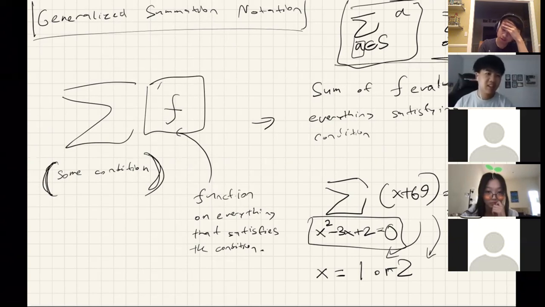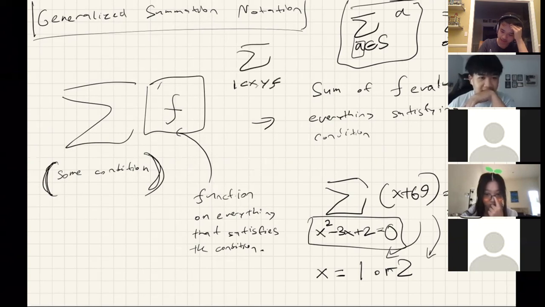These are the two that I most commonly see, but you also see summations over things like x, y less than or equal to some integer like 42.